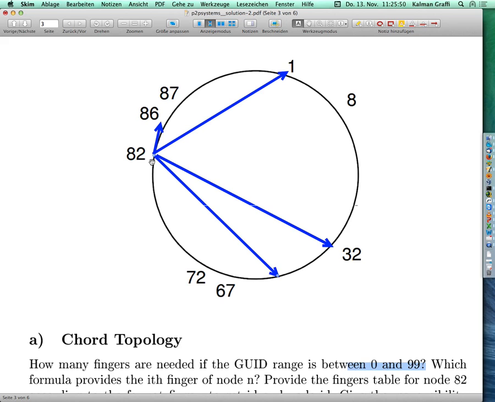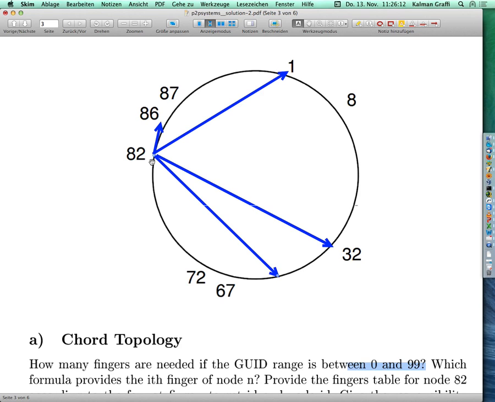So everything that is further away, we would, with the last finger, already halve the distance to. So we would not gain anything if we would get three-thirds or even more approach to the destination node, because we still have the logarithmic routing.